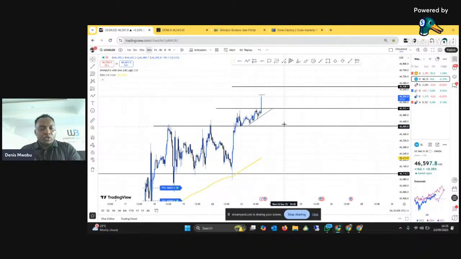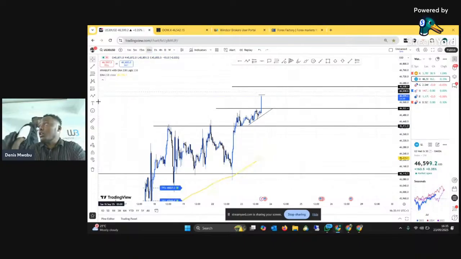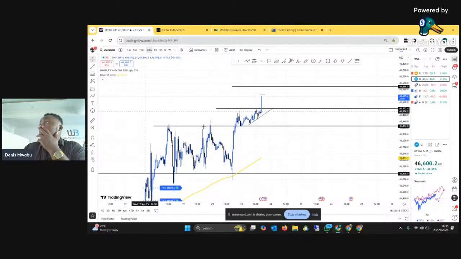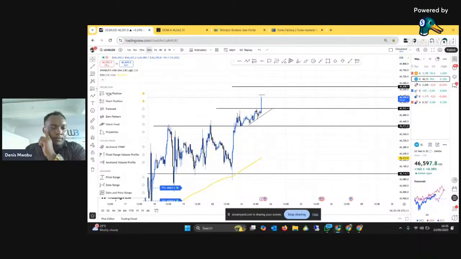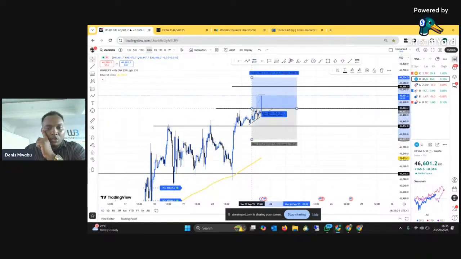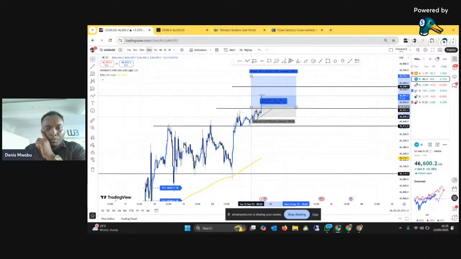The good place would have been entering this trade on a breakout. When it broke out at this particular zone, that would be the best entry. But it's okay. As I usually say, we don't chase. We wait for price to come.